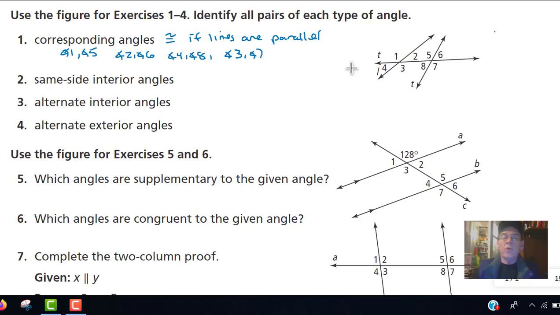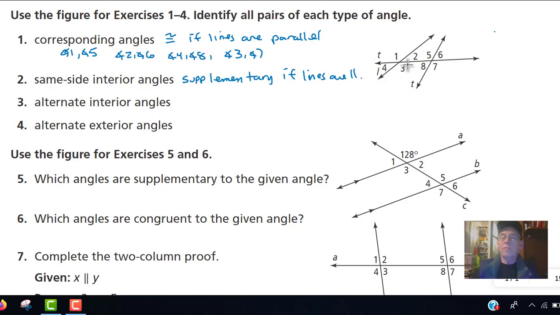Now, same side interior angles are supplementary if lines are parallel. This means parallel.